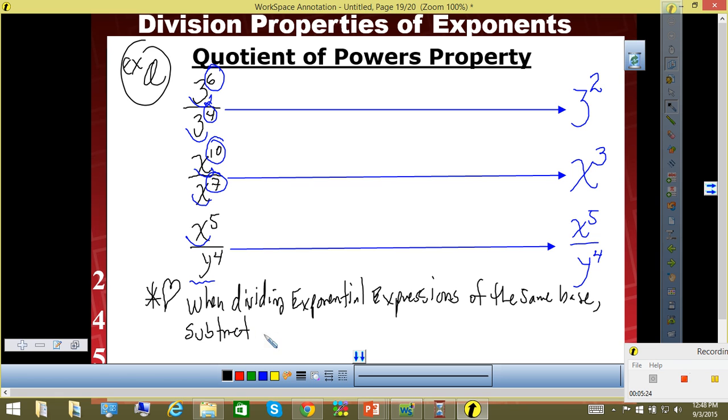Subtract the exponents. Does everybody agree with that? Yeah. Straightforward? At the end, 10 cubed. Oh my goodness, what is that?